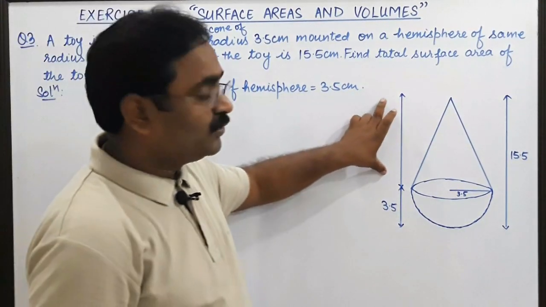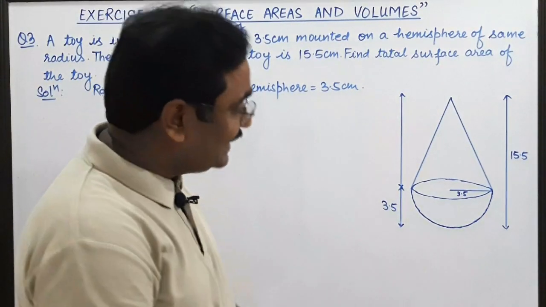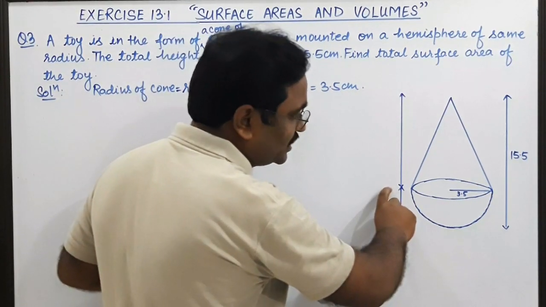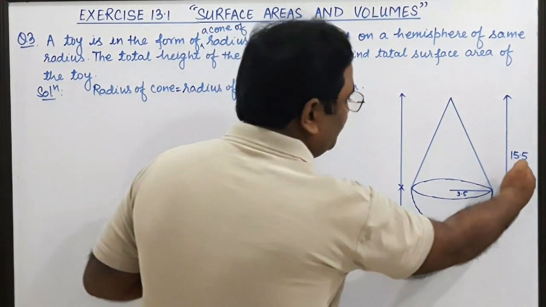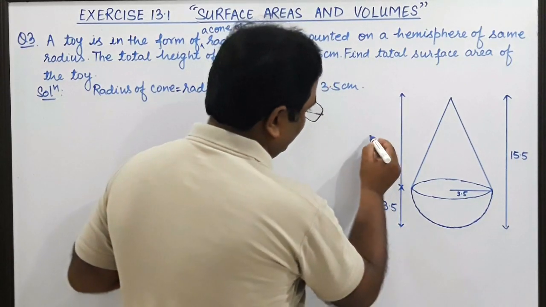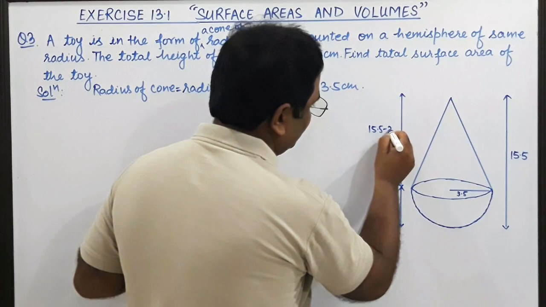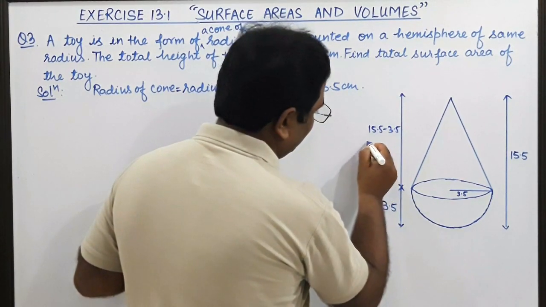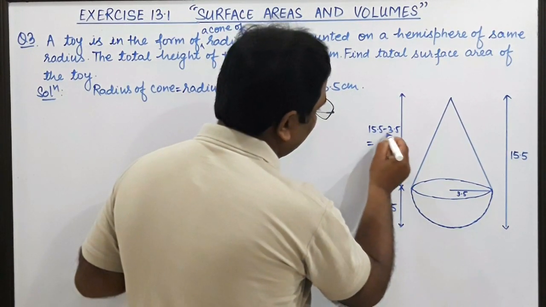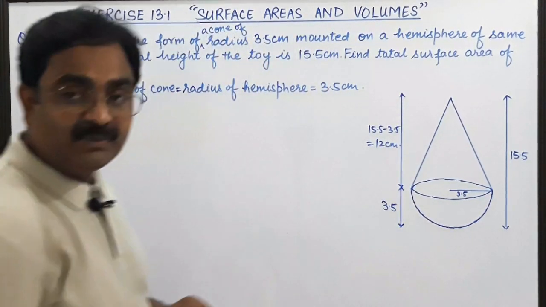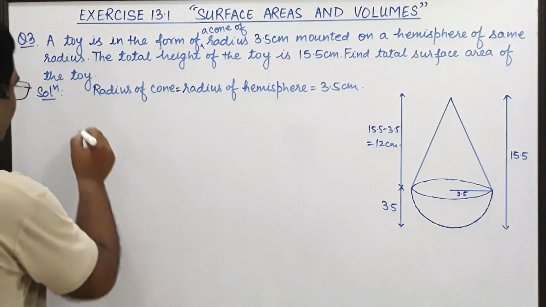height of the cone also. To find the height of this cone, we have to subtract the radius of this hemisphere from 15.5. So we get 15.5 minus 3.5, which is equal to 12 centimeter, the height of the cone.